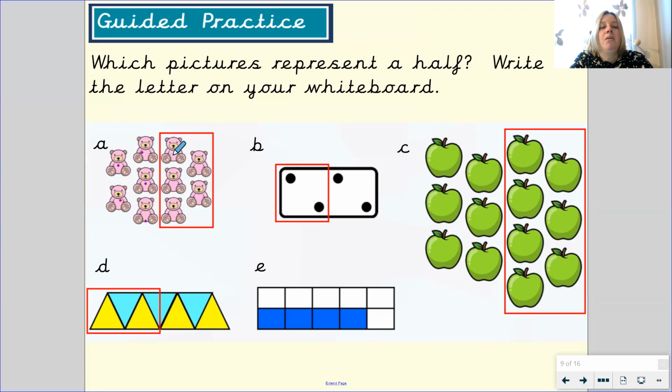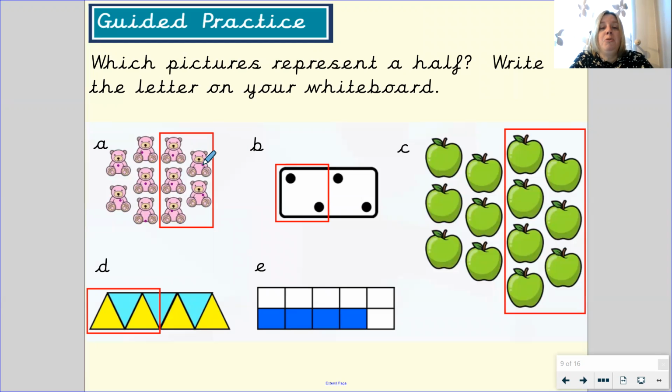Count with me. 1, 2, 3, 4, 5. So it shows that half of 10 is 5. And we know it is a half because both groups are equal. Both parts have the same number of objects in them.